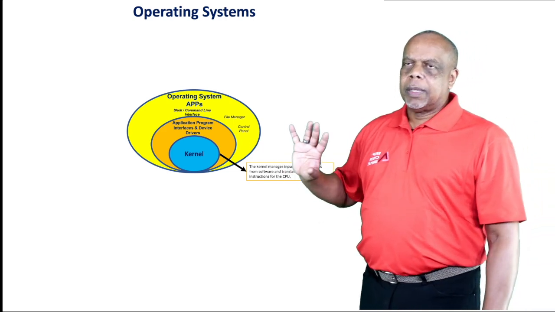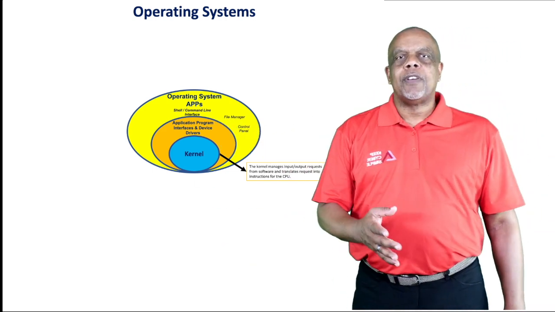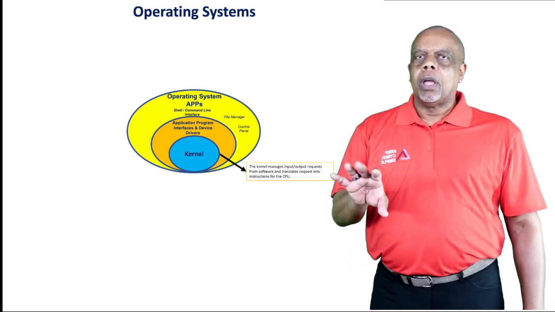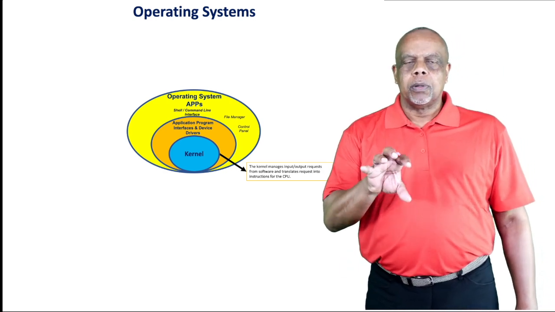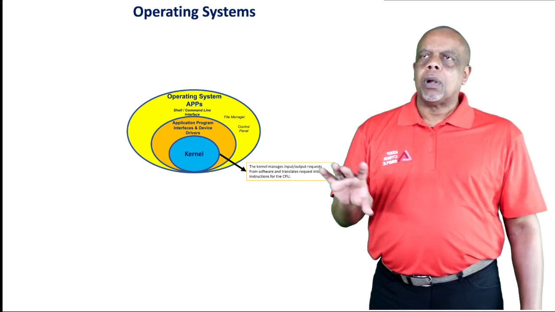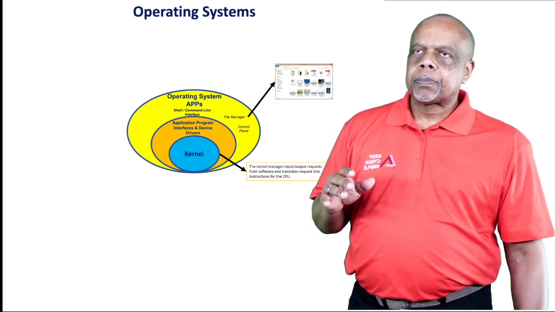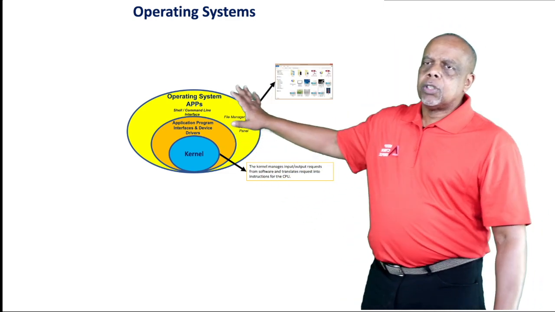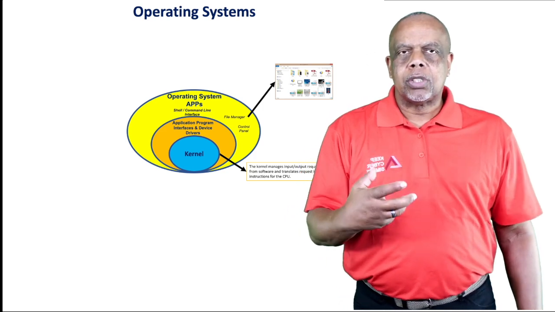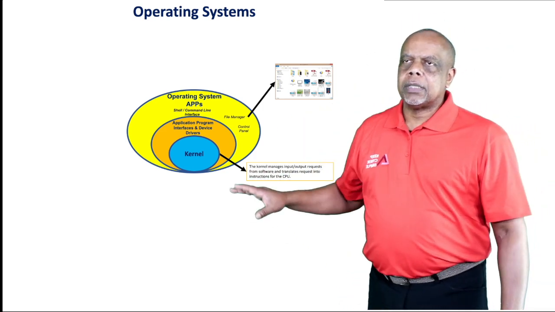Some examples of operating system applications, if you're in a Windows environment: PowerShell or a file manager, the Control Panel, where you configure your settings for your printer, mouse, keyboard. All those are operating system applications. These are the ones, if you just get Windows out of the box and install it, that are on there. Those are applications supporting the operating system.